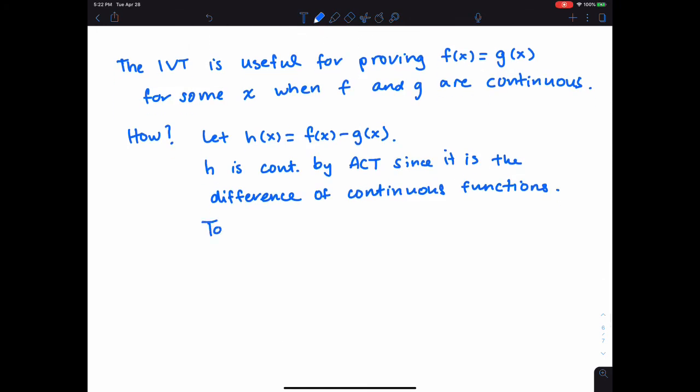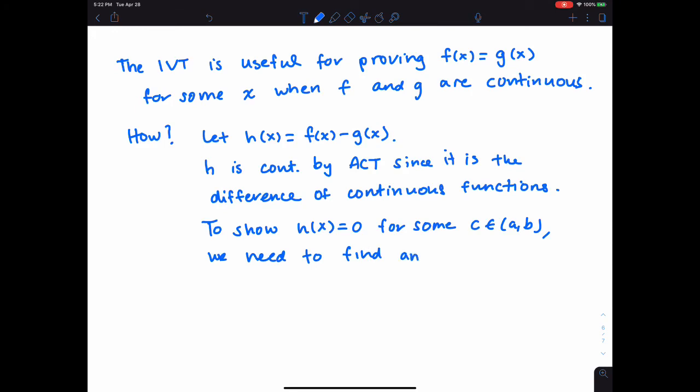To show h of c equals 0 for some c in (a, b), we need to find an a such that h of a is less than 0 and a b such that h of b is greater than 0.